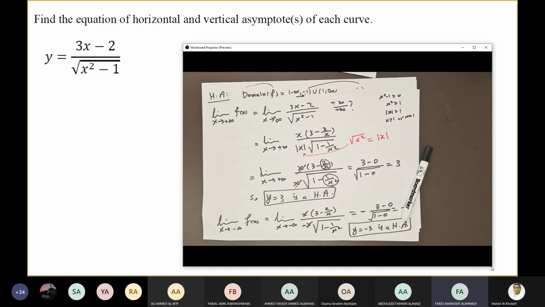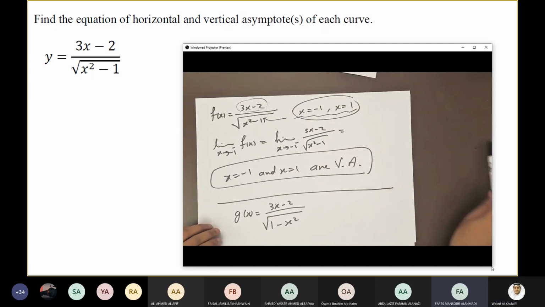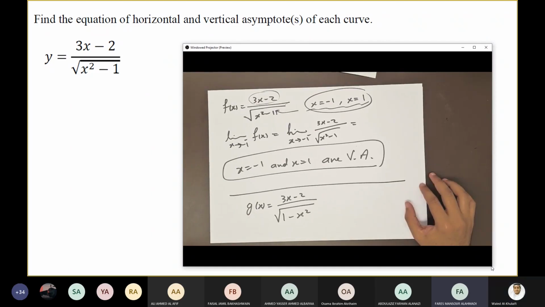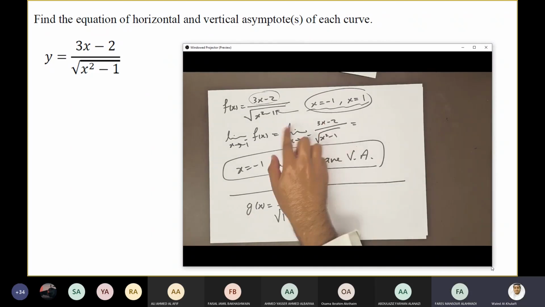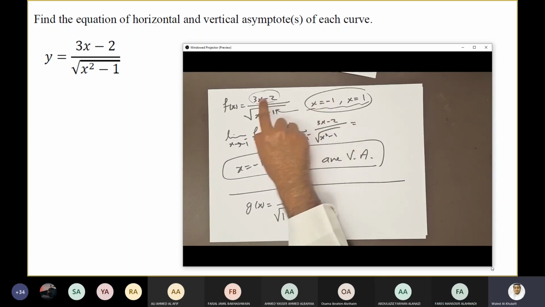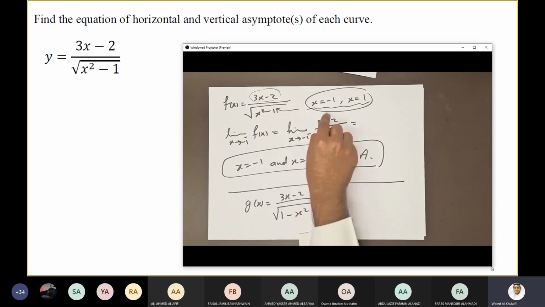Okay, but for the vertical asymptote, when we found the zeros, x equal negative 1 and x equal 1, should I check or not? No, no need to check because, when you put negative 1 here, just check the numerator. Does it make it 0 or not? If it doesn't make it 0, then yes, that's your vertical asymptote.